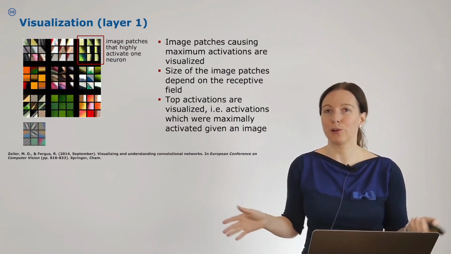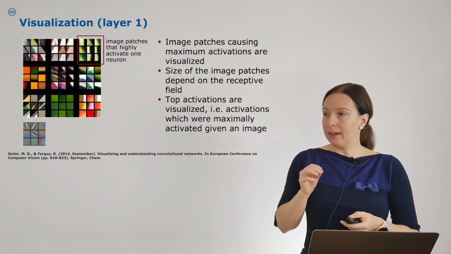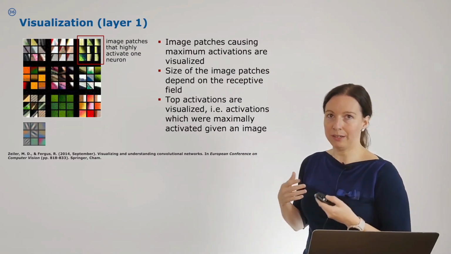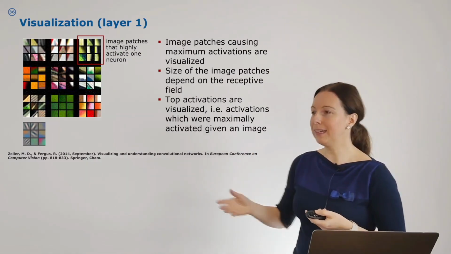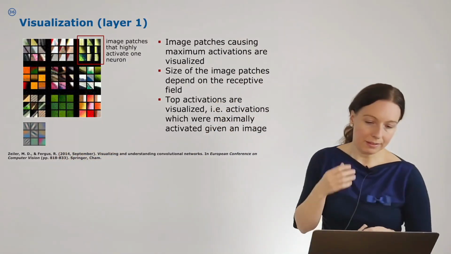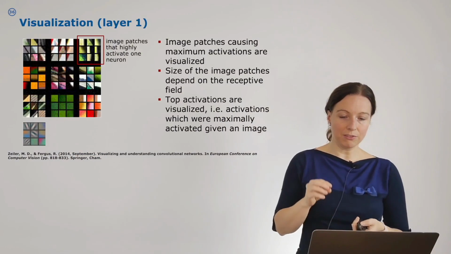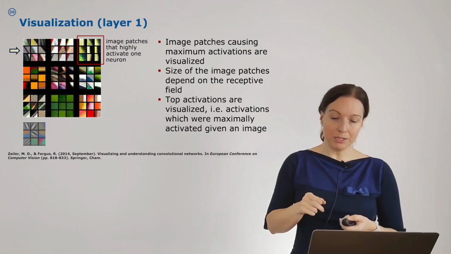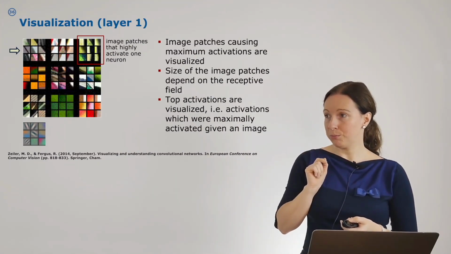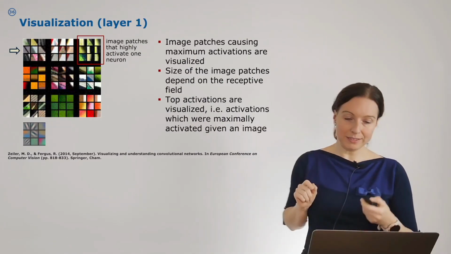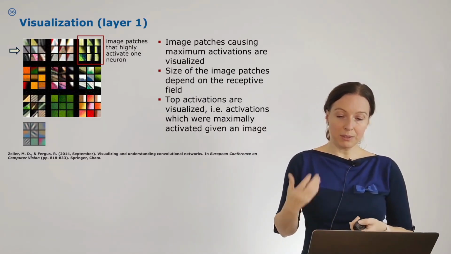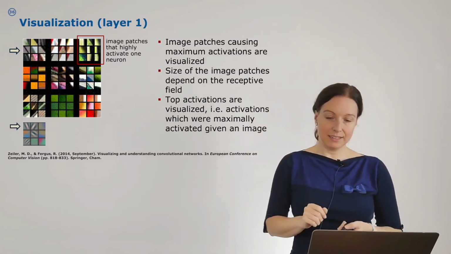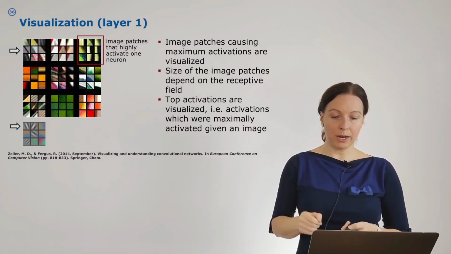Again, we can confirm this. But what is actually interesting in the context of Deconvnet, because I already told you about it, is this here. At the bottom you see the Deconvnet reconstructions. For example, you choose an image patch from the top left group of image patches where the arrow points. Then you proceed with the Deconvnet reconstruction, so the reverse operations, and you obtain such an image patch where the lower arrow points.